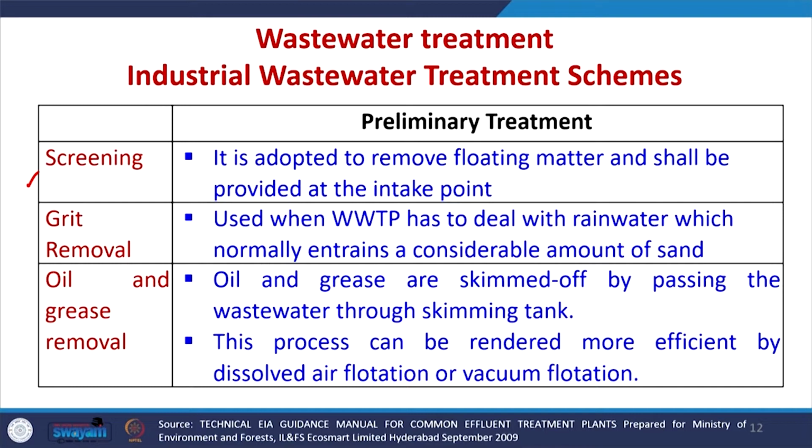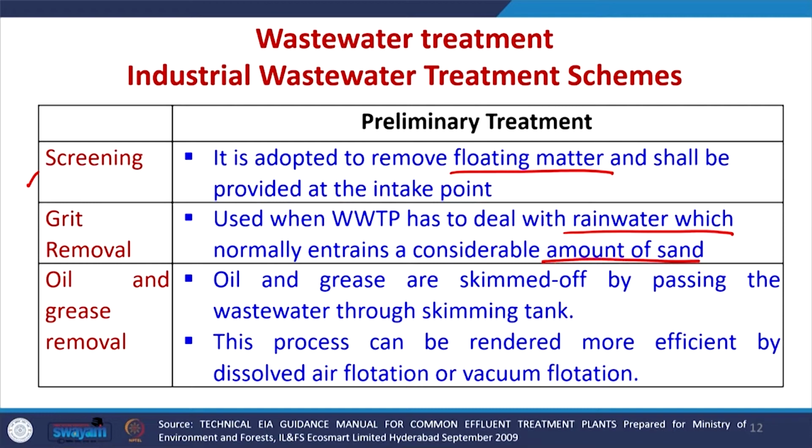It is adopted to remove the floating material and it is provided at the intake point. After that, generally we do the grit removal, since the wastewater treatment plant has to deal with rainwater which may bring a lot of sand, etc. So, we have to remove the grit.